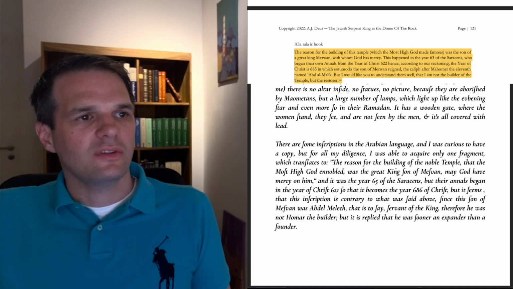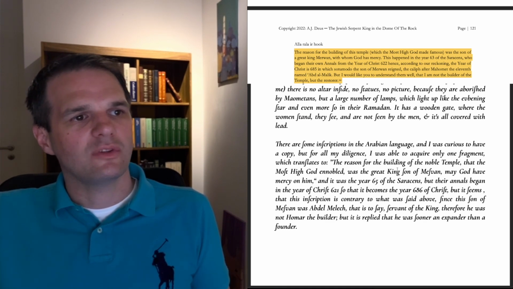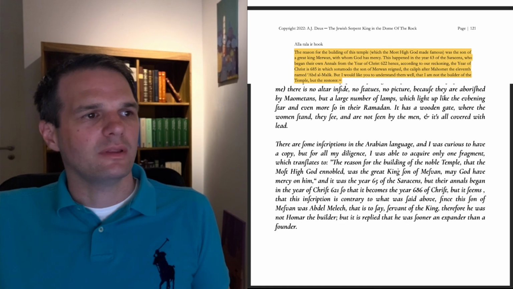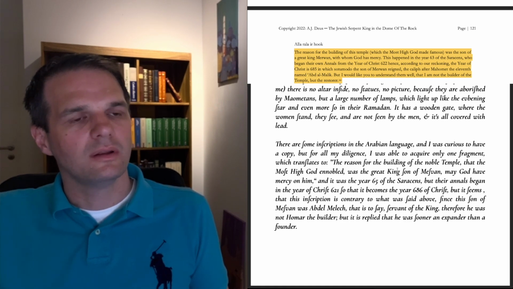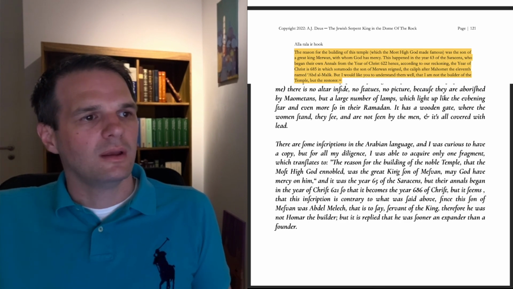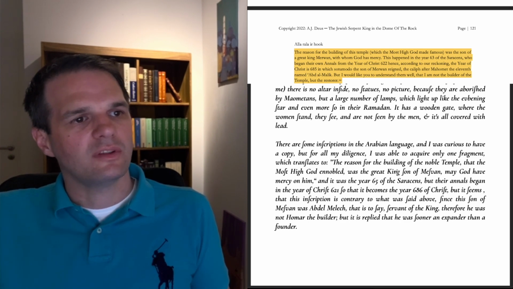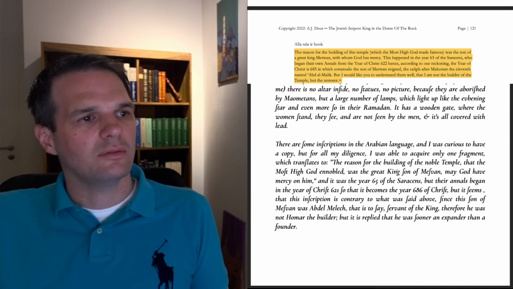There are some inscriptions in the Arabian language, and I was curious to have a copy, but for all my diligence I was able to acquire only a fragment, which translates to: the reason for the building of the noble temple that the Most High God ennobled was the great king, son of Meswan, may God have mercy on him. And it was the year 65 of the Saracens, but the annals began in the year of Christ 621, so that it becomes the year 686 of Christ.